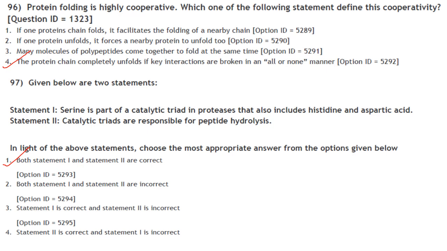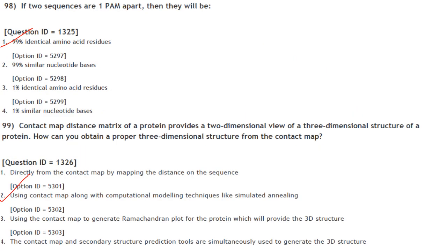So the answer here is both statement 1 and 2 are correct. If two sequences are 1 PAM apart, they will be... So 1 PAM means 1% change in overall residues, or 1 point accepted mutation per 100 residues. That means 99% will have identical amino acid residues. So the answer is option 1.